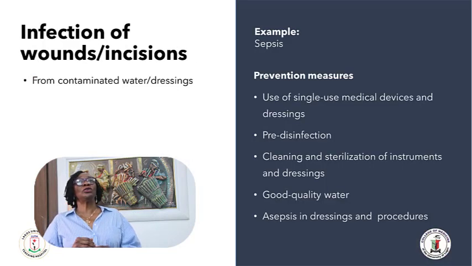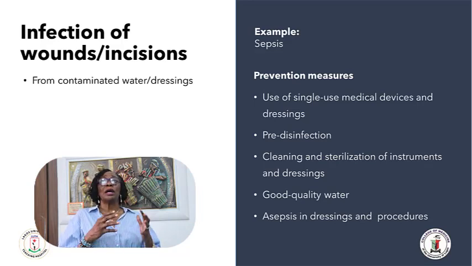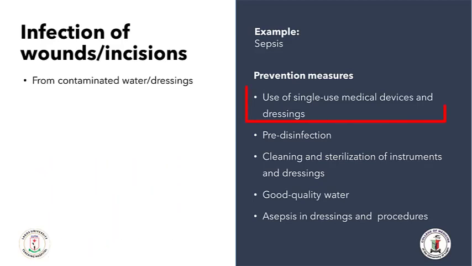Now, the other one you need to think about is how you deal with infection of wounds and incisions. And these are infections that come from contaminated water and dressings. So wound infections is one, sepsis is another, because that will be transferred by body fluids. And you should use single-use medical devices and dressings.